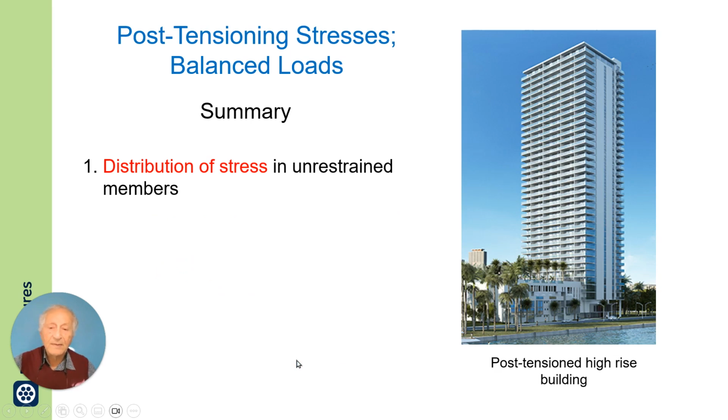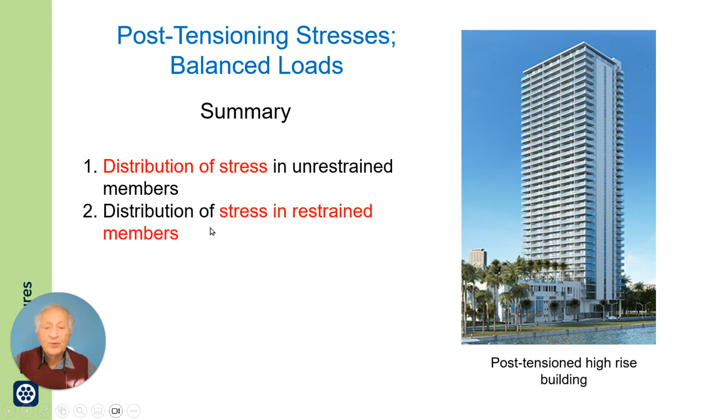Now, in summary, what did we cover? We talked about distribution of stress in unrestrained members, and then distribution of stress in restrained members.